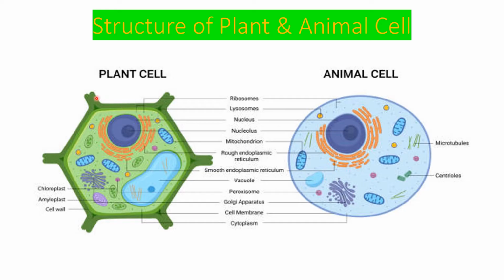Also, plant cells have a rigid cell wall, unlike the animal cell, which is not so rigid. Also, in plant cells, we find organelles known as chloroplasts. The chloroplast is very important as it plays a key role in photosynthesis.